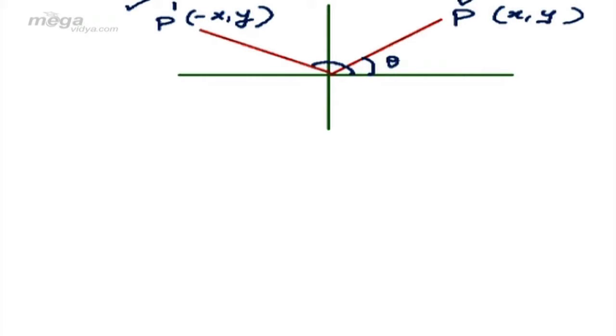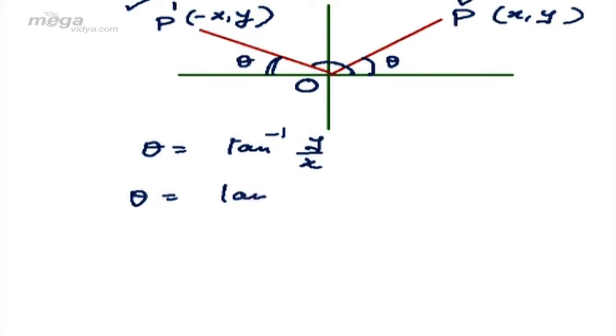Initially this point P, when connected with origin O, makes an angle of theta, and this angle theta is given by tan inverse of y by x. If we take this point P to P dash, the angle theta can be represented by tan inverse of mod of y by mod of x.